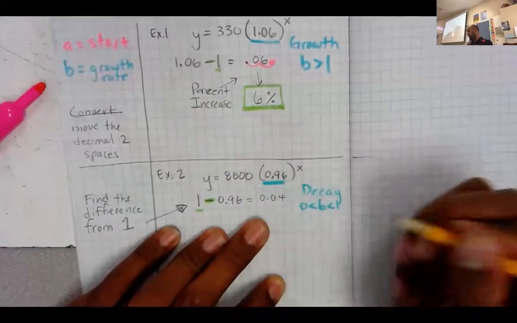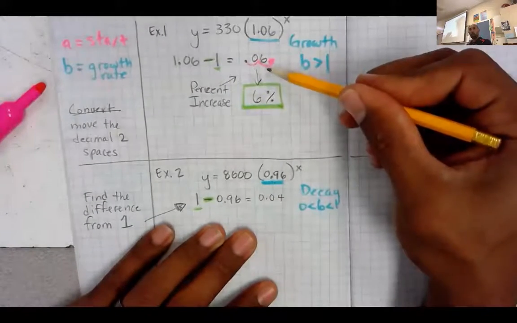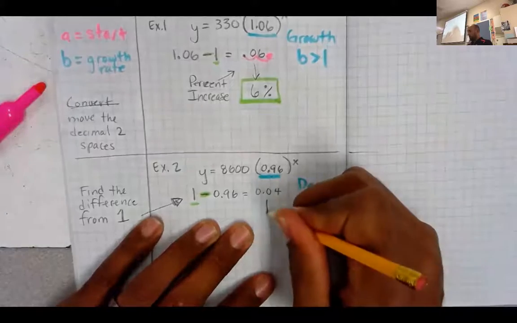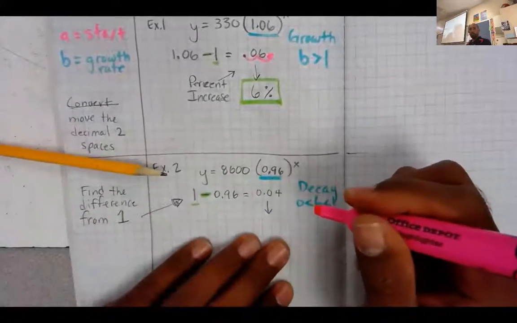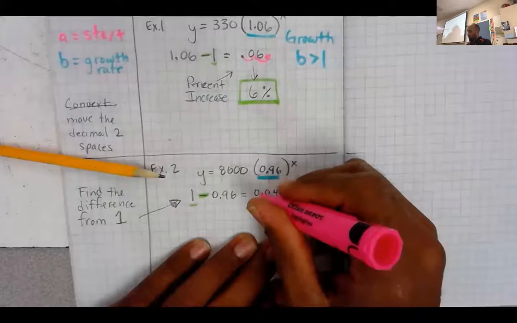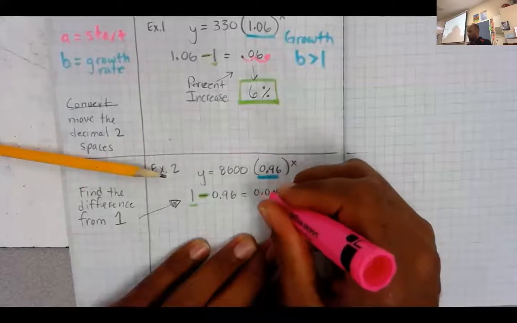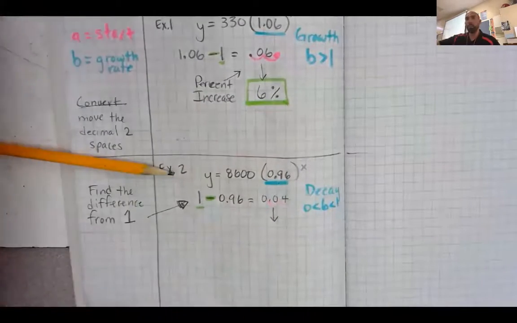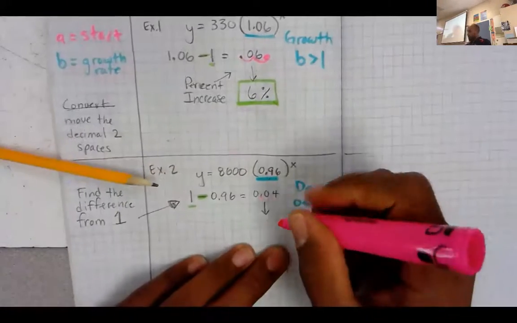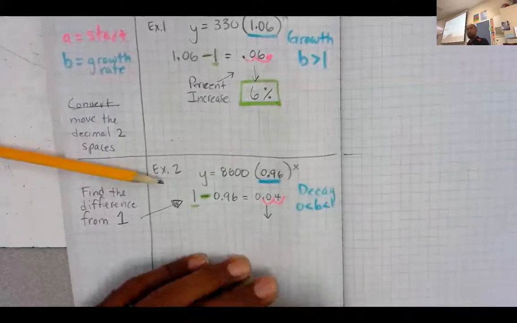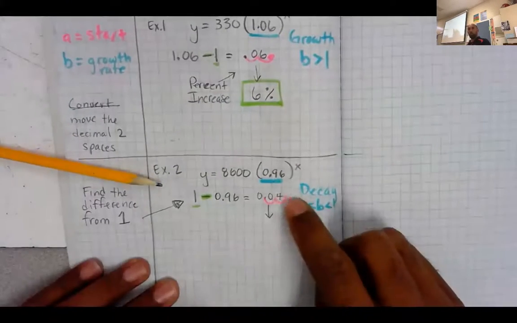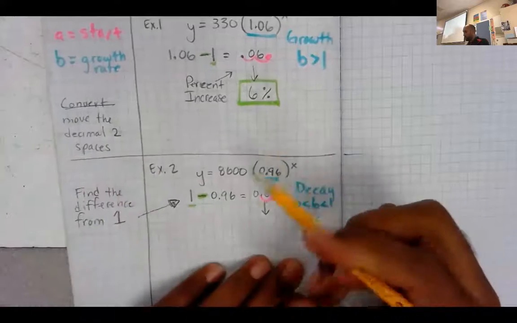Now, just like we did before, we're going to convert that by moving the decimal 1, 2. So I move it over. It goes right after the 4, which makes the 4 a whole number.